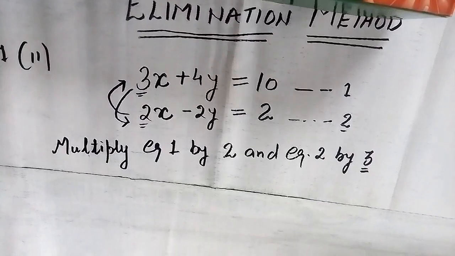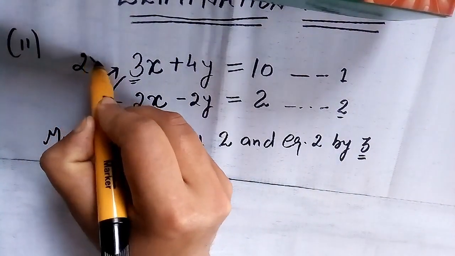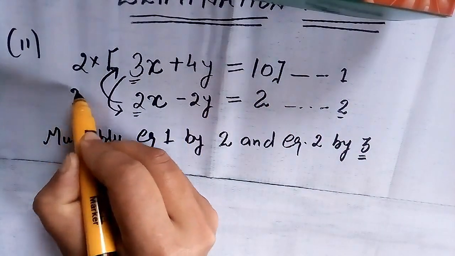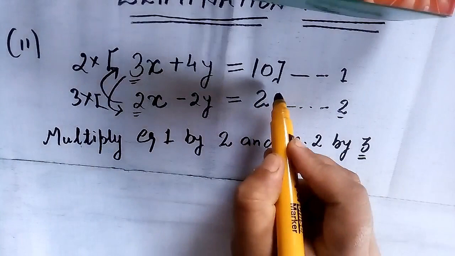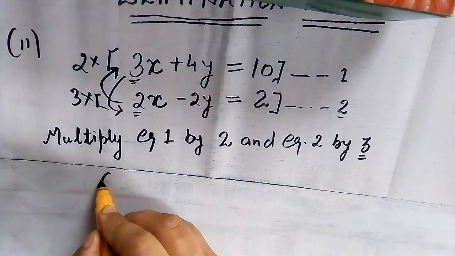So let us see what we'll get. Remember, equation 1 we have to multiply by 2 completely, means left hand side and right hand side both, and equation 2 by 3.